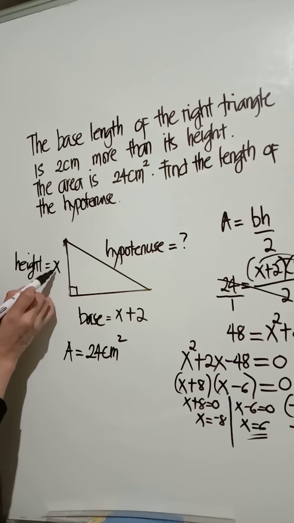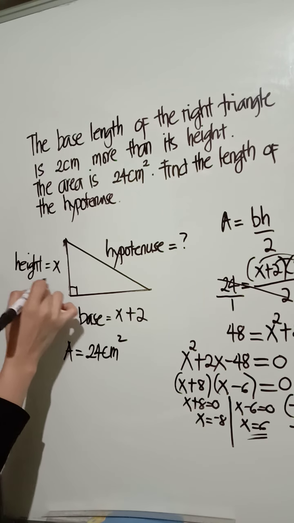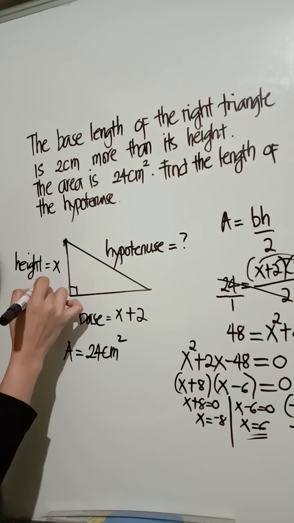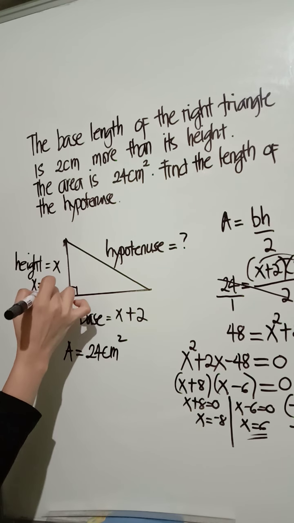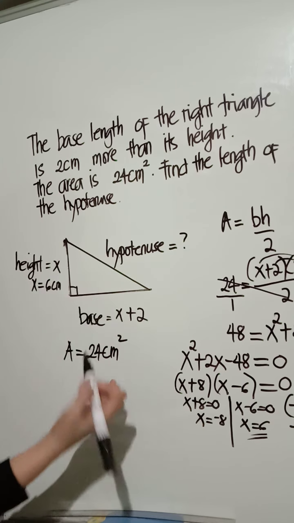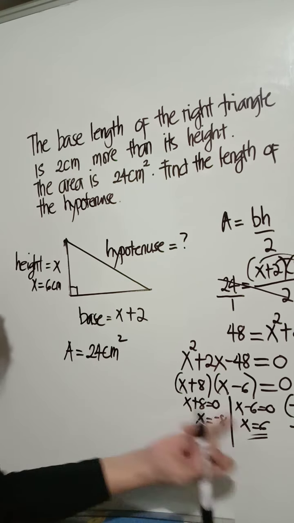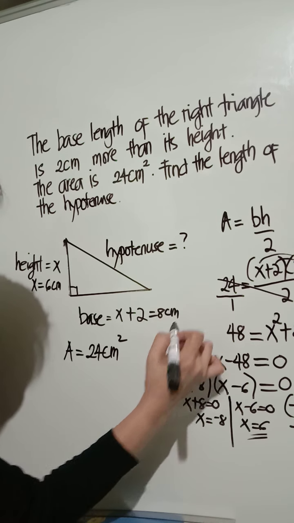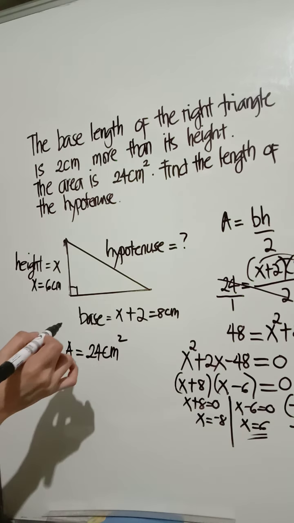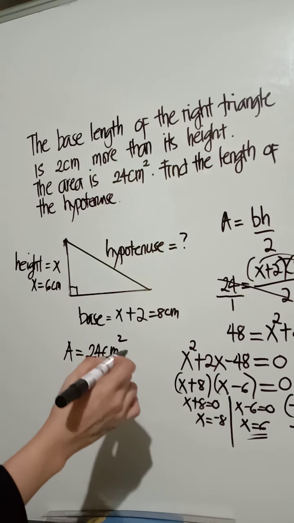If this is 6, the height is 6 centimeters, and the base is 6 plus 2 is equal to 8 centimeters. What is the hypotenuse?